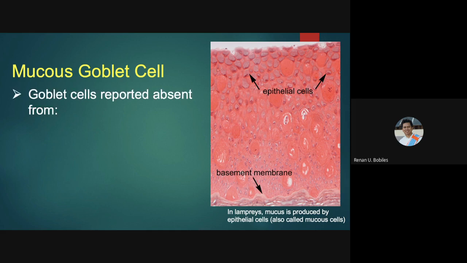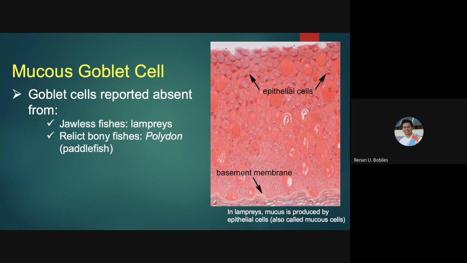So a goblet cell is reported absent from a jawless fish like the lamprey. What they have is only a mucus cells, mucus gland. Okay? Absent din sila sa mga bony fishes like the paddlefish.